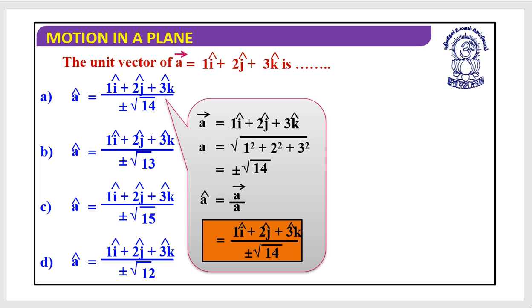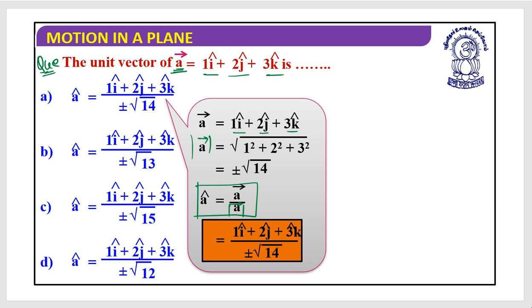What they say is that the vector a is equal to 1i plus 2j plus 3k, and I need to find the unit vector of this. So I must remember that my unit vector would be the vector itself divided by its magnitude. So my first task would be to find the magnitude. How could I get it?